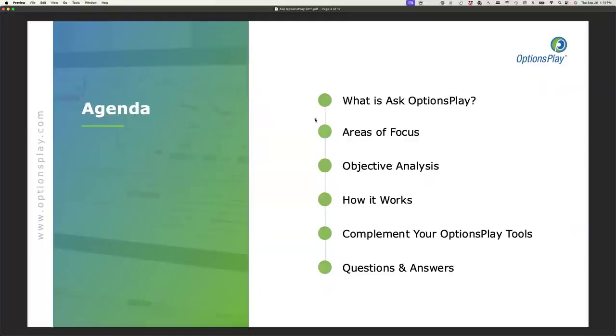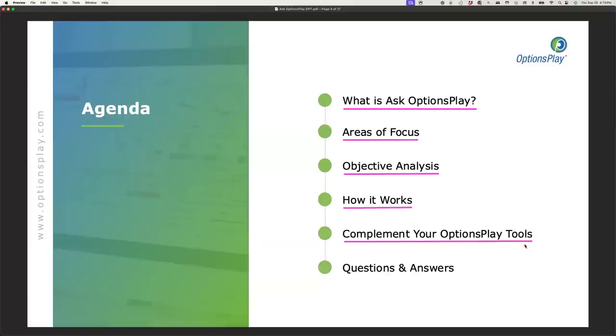Today, what we're going to cover is, first of all, what is Ask OptionsPlay, a GPT that we have just launched here. We'll talk a little bit about what areas this GPT focuses on, how it's going to help you do objective analysis on ideas, your portfolio and charts, and give you a clear understanding of how it works and how it complements your OptionsPlay tools before we open this up for Q&A at the very end.